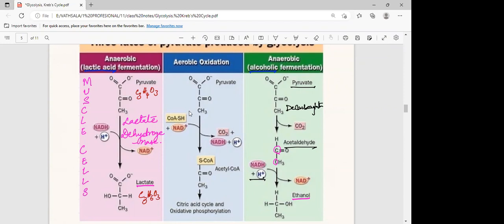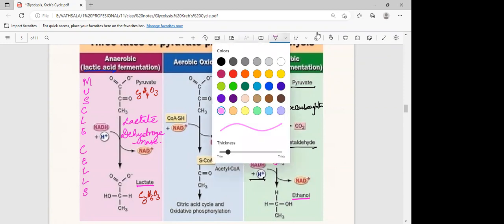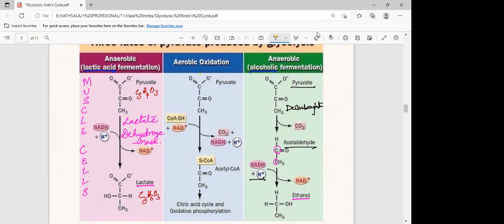You can see here, which color is better? Red. So here CH3COCOOH, CH3COCOO, right?